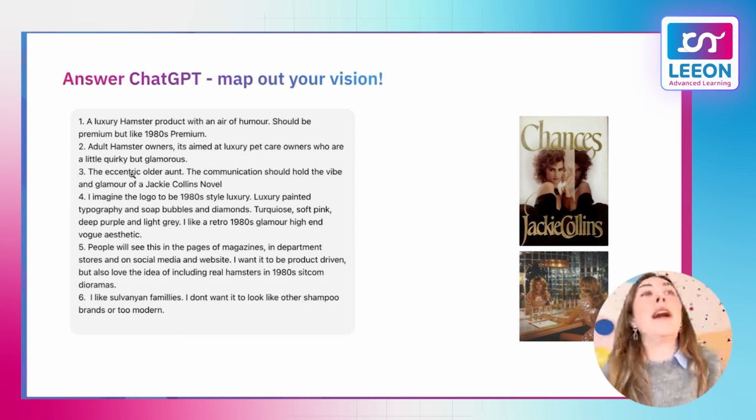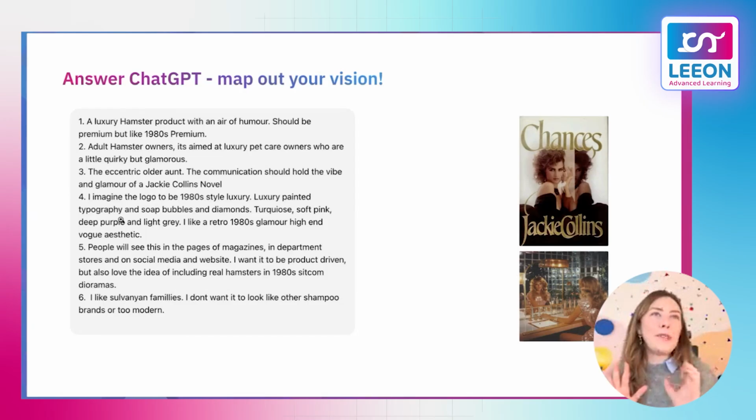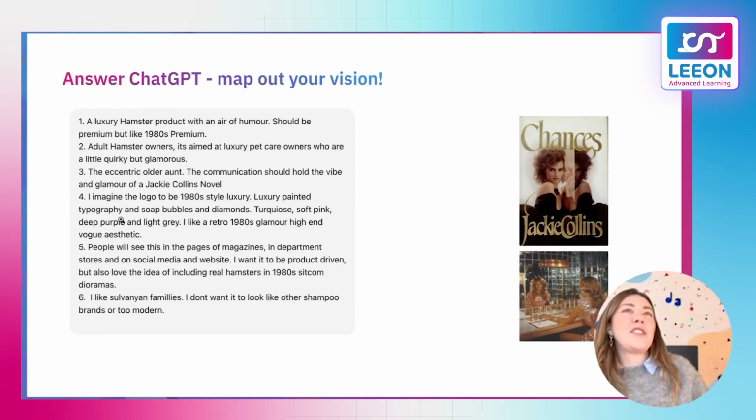I put it for adult hamster owners. It's aimed at luxury pet care owners who are a little quirky but glamorous. If I had to describe it as a person, I put it as an eccentric older aunt. The communication should hold the vibe and the glamour of a Jackie Collins novel, also kind of the drama.